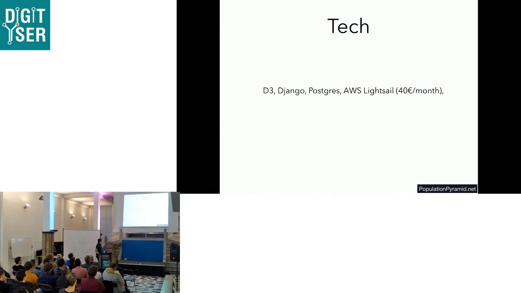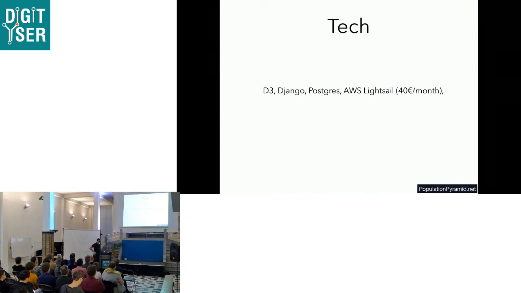What about the tech? For those interested, it's D3 now. When I redid the new version, I used D3. The backend is in Python, Django, using Postgres. There is only one machine running on a small VPS, so it costs me like €40 a month. And when I was on my bicycle coming here, I thought, I should mention there is a lot of caching because I have a ton of requests every day, and the main source of requests are the search engines.